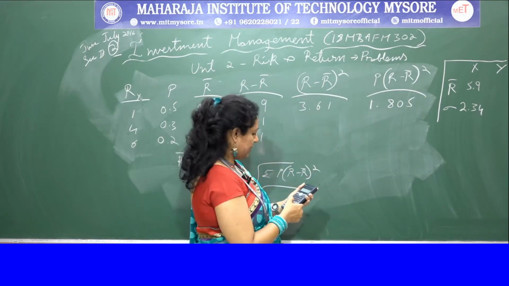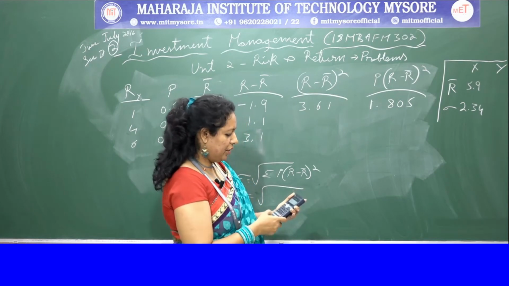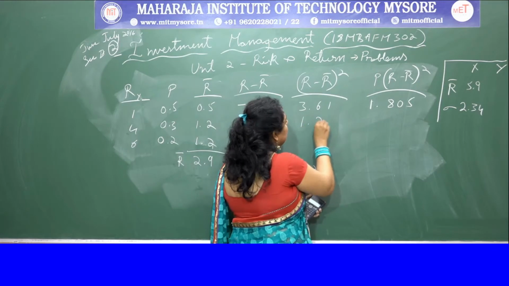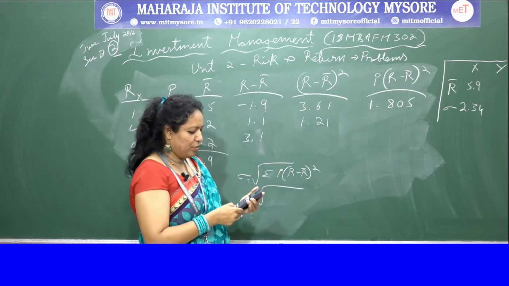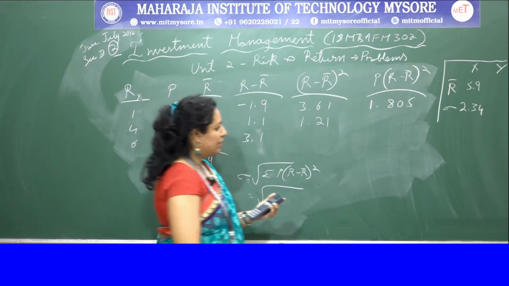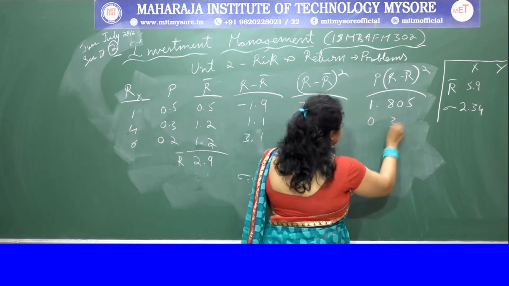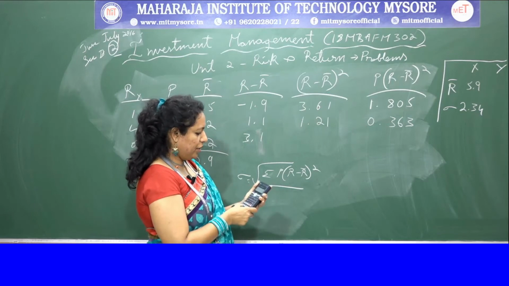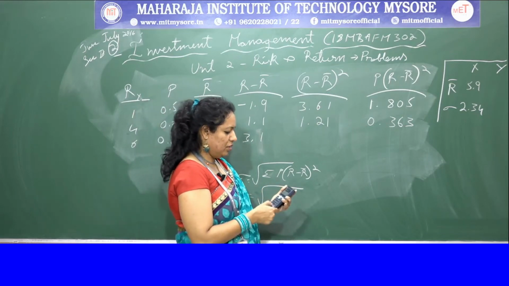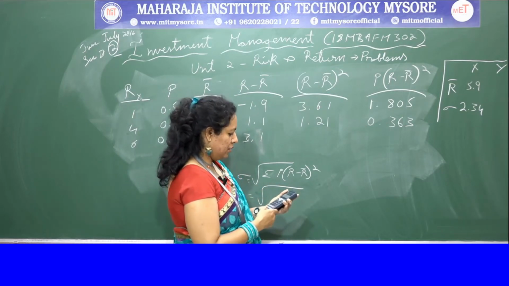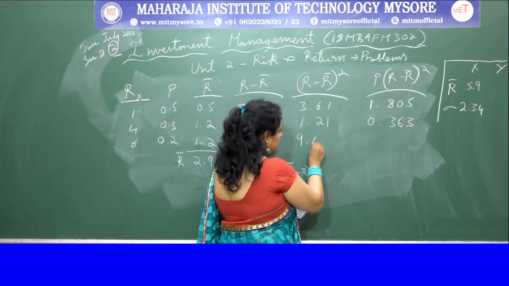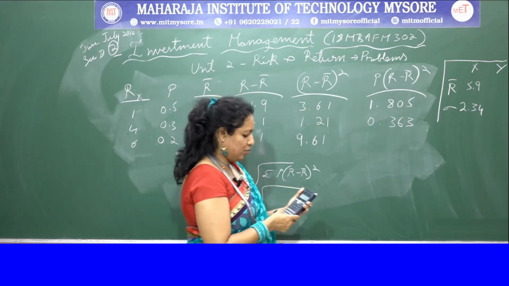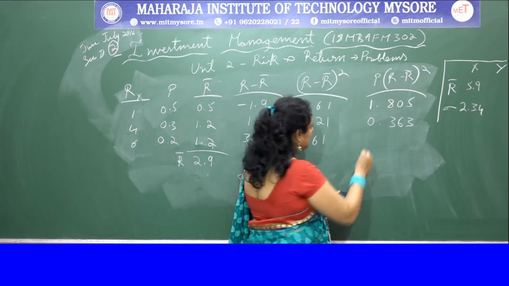Okay, so next is 1.1. 1.1 into 1.1 is 1.21. 1.21 into probability 0.3, you get 0.363. Then 3.1 into 3.1 you get 9.61. That is the answer, into probability 0.2, you get 1.922.